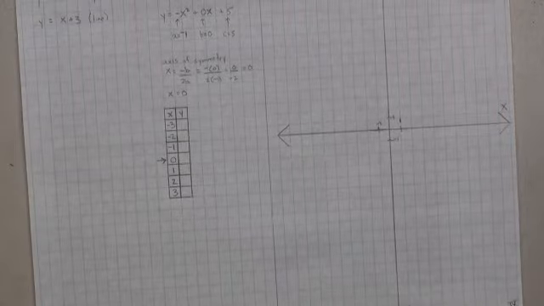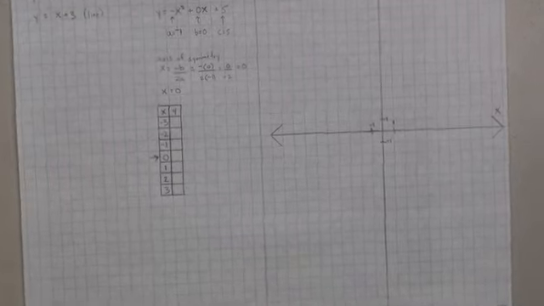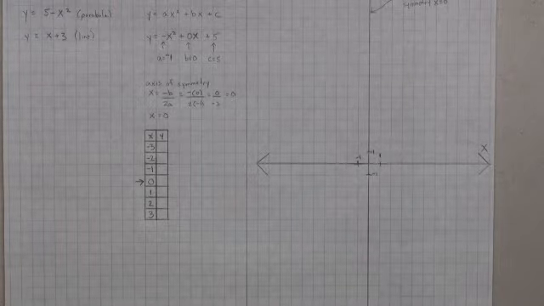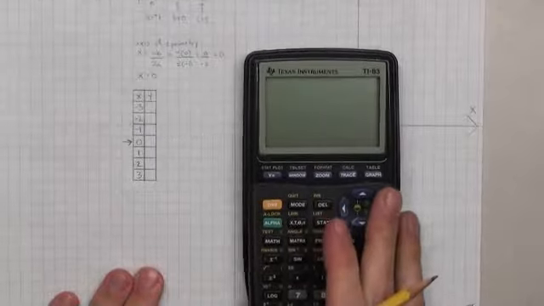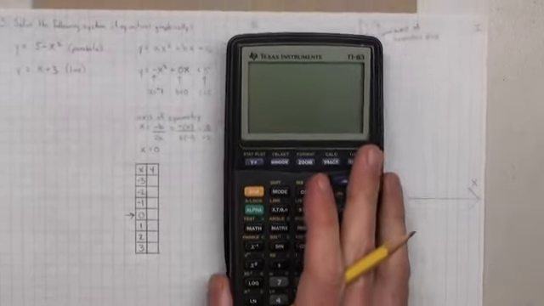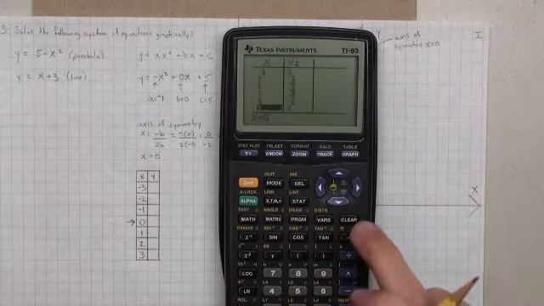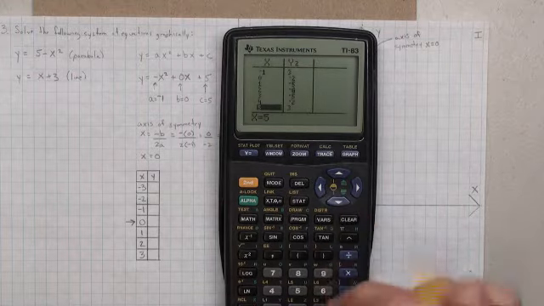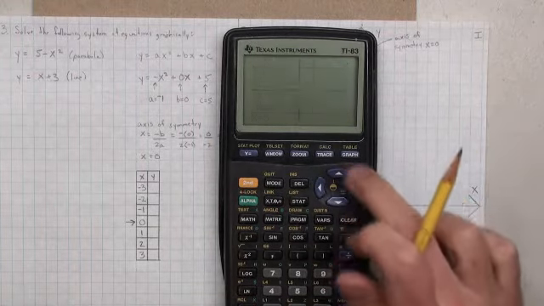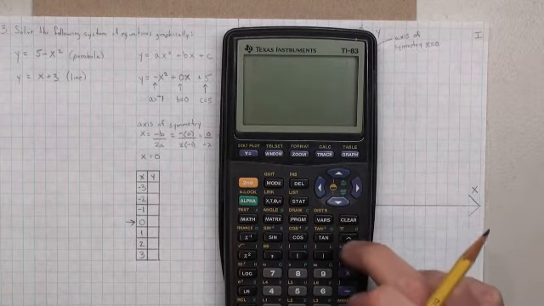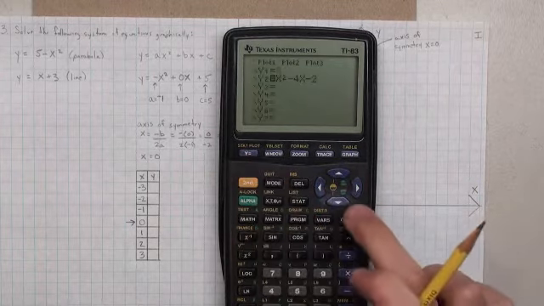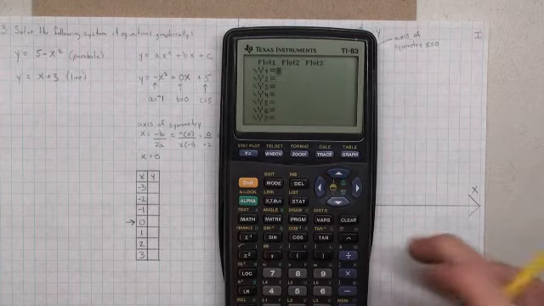Now, I'm actually going to show you how to use the calculator to pull these values right out of the table to save time. So to get out of this table here, you can hit graph and then hit clear. Now I'm going to go to my y equals and clear my equations out of there.